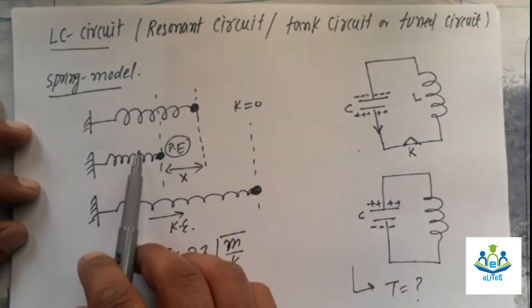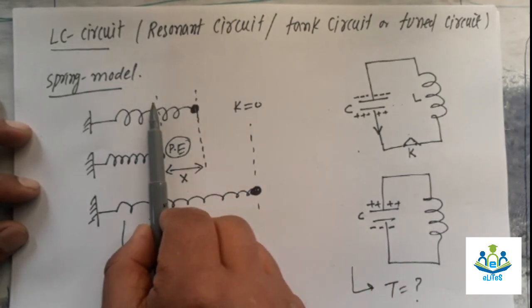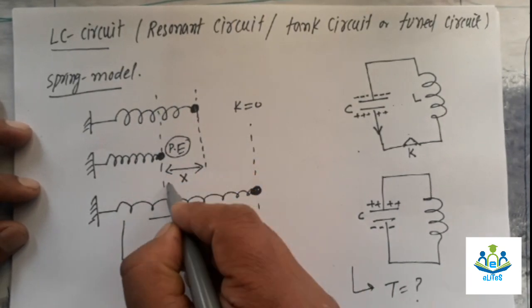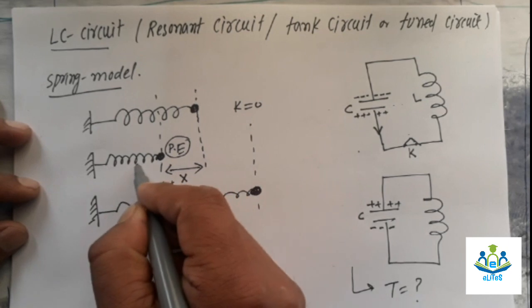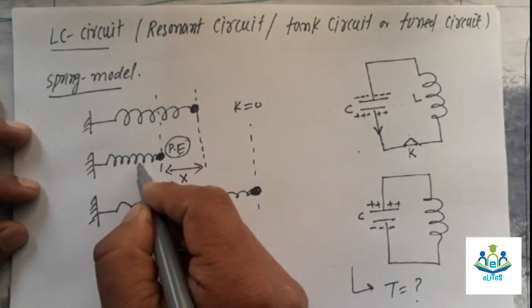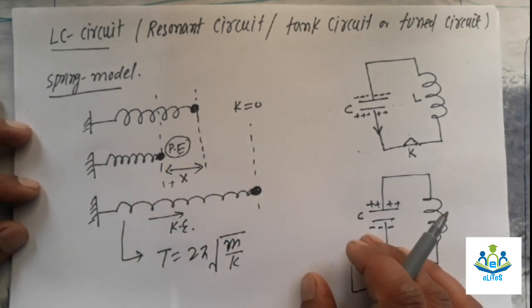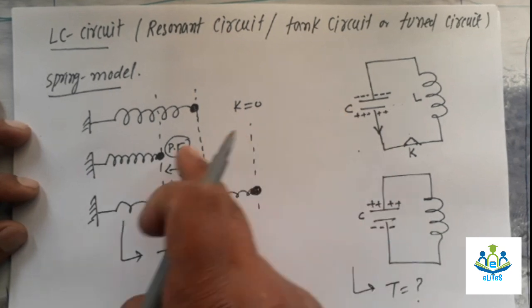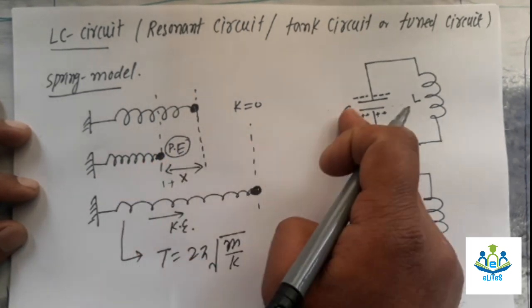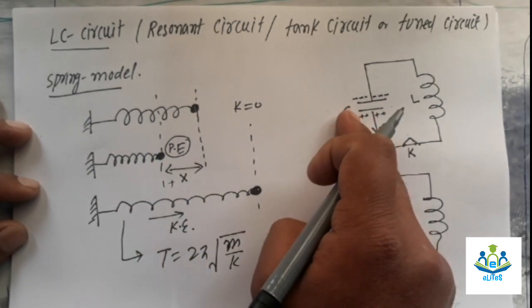Suppose I compress the spring, say this is a positive distance. The work I do is stored in the form of potential energy. So this is analogous: the potential energy corresponds to the electrical energy.